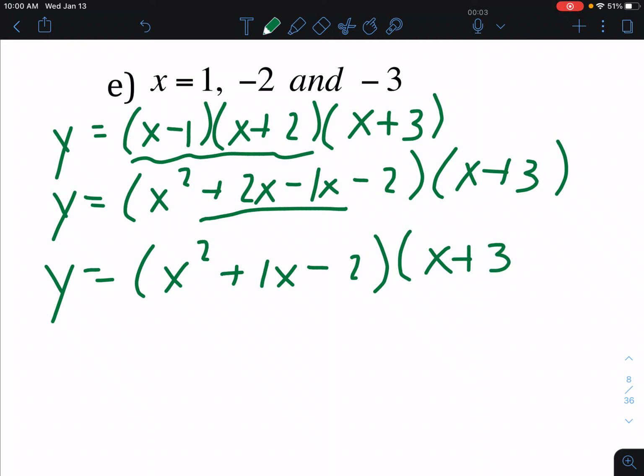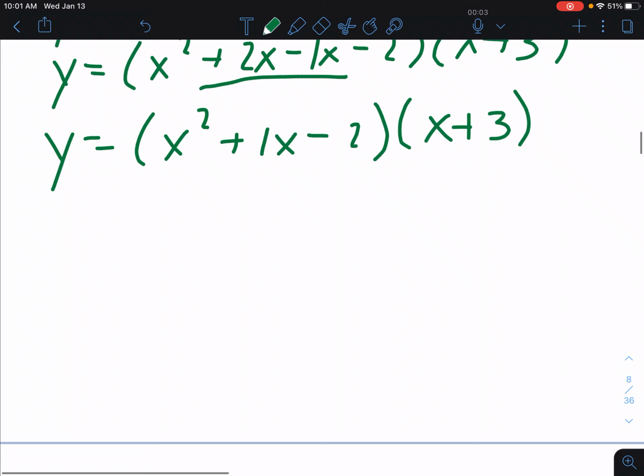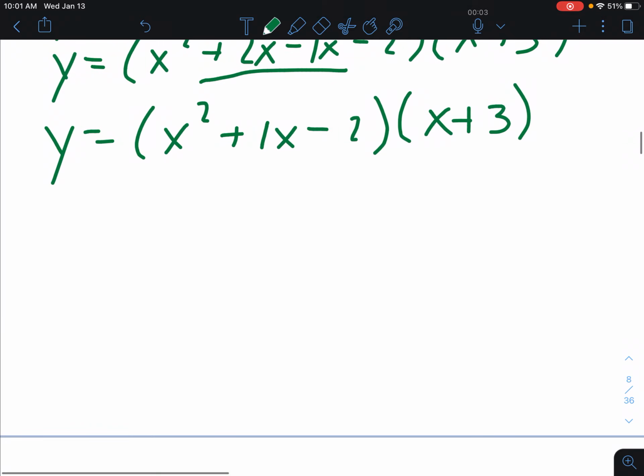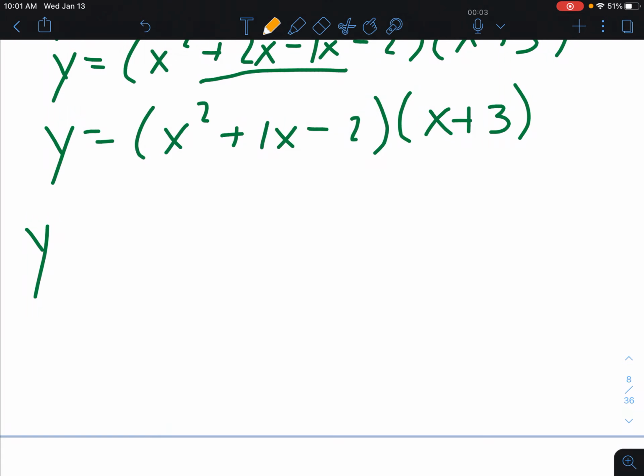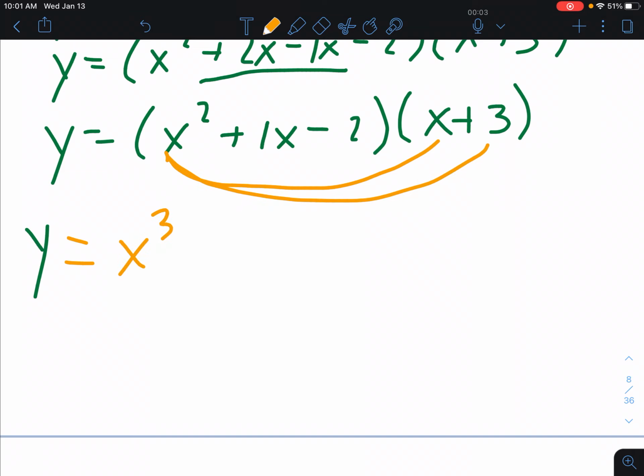All right, we technically wouldn't call it foiling here because FOIL is 2 binomials multiplying. We have a trinomial times a binomial. So what we have to do here is we're going to be multiplying 6 times. We're going to be triple distributing here. So we're going to start with the, let me color code it for you. We'll start with the x squared. So x squared times x, and then x squared times 3.